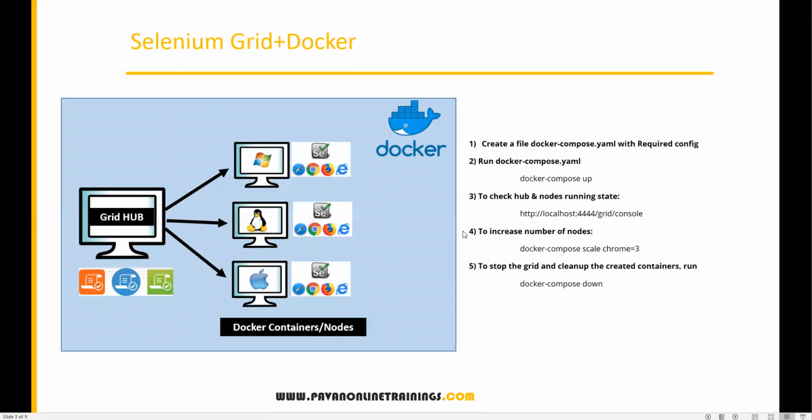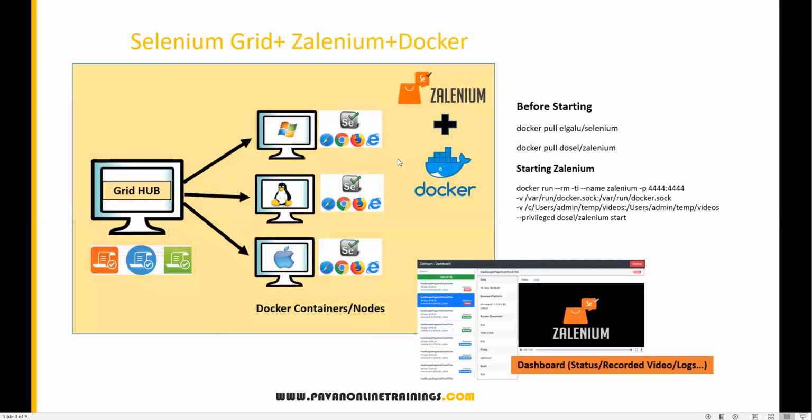Now, if Docker is available, this entire Grid environment will come with containers. We just need to download two images, and then we can run those images. It will create containers which already have the Grid setup. So this is very simple. And the next enhancement is Selenium. Selenium is also doing the same thing, but in addition, it will give you a lot of other features like live view and dashboard.